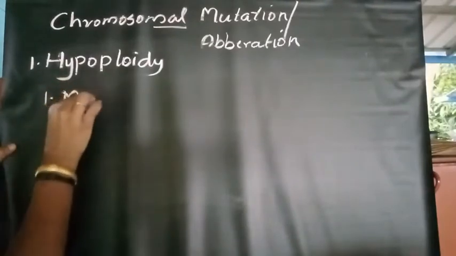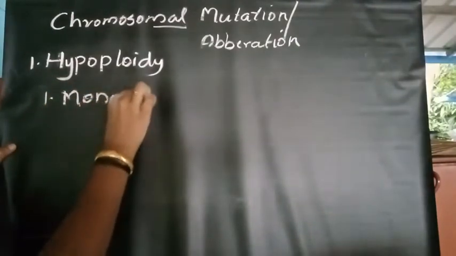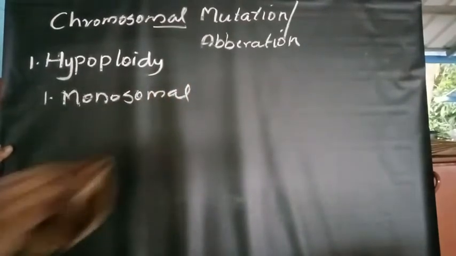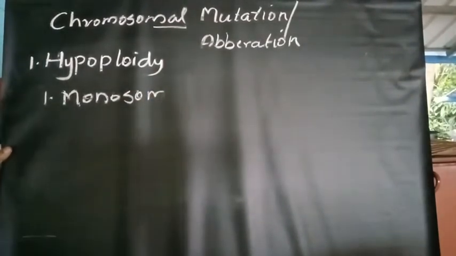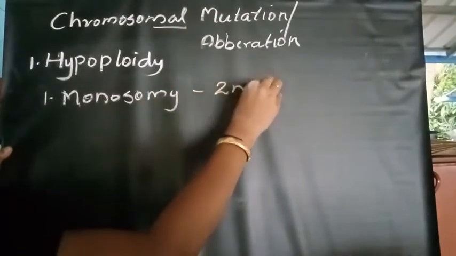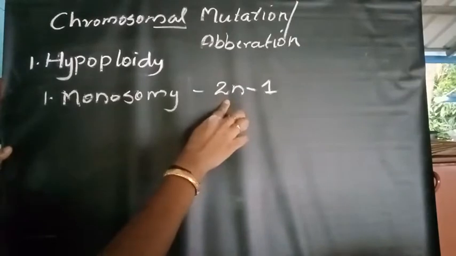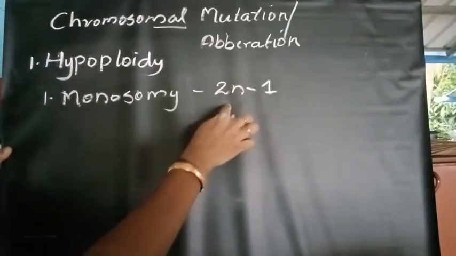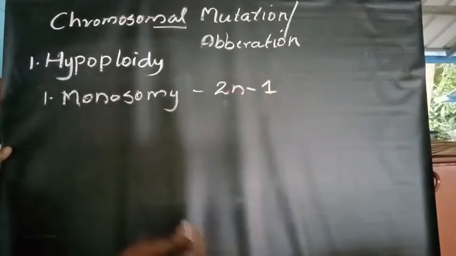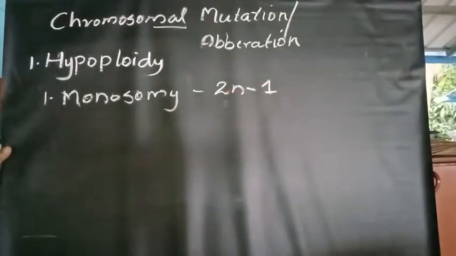First one is monosomy. Monosomy is the 2n-1 condition. 2n is the basic diploid set of chromosomes. From that basic diploid set, one individual chromosome is deleted or lost. That condition is called monosomy.